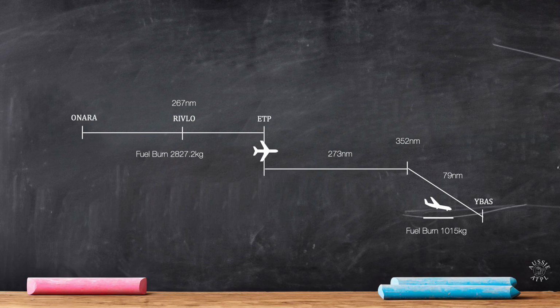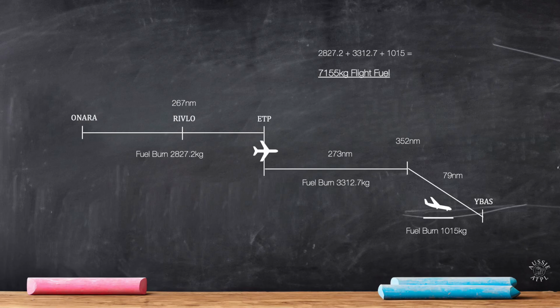So you can now head back to the planning page here, and we can enter in our fuel burn in the cruise between our equal time point and the top of descent with one engine inoperative as 3,312.7 kilos.